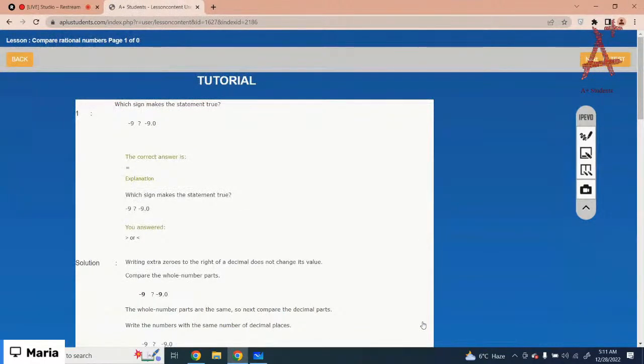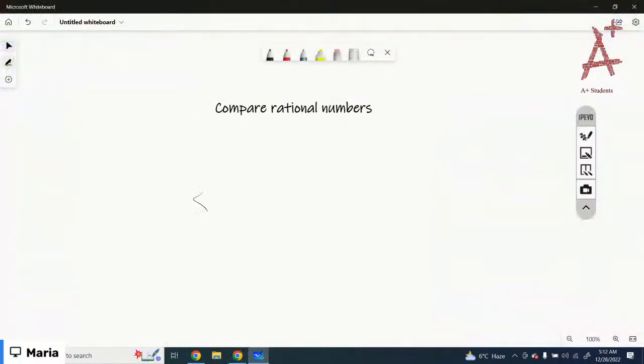So which sign makes the statement true? Okay, let me just tell you one important thing about the numbers with the negative signs. Here is the number line. Here you have zero midway on the number line.